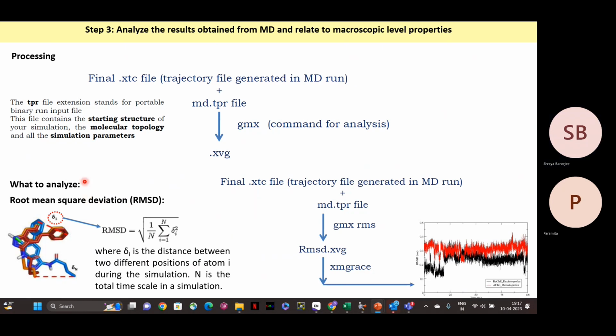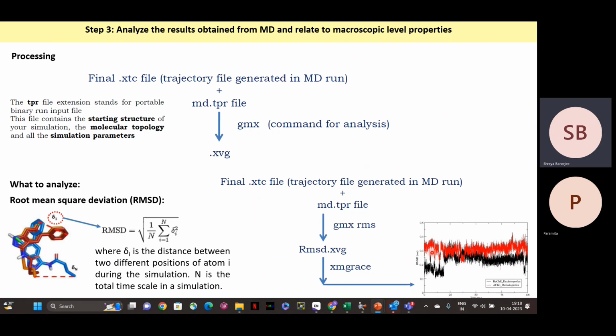The root mean square deviation can be calculated from the XTC file using the GMX RMS command to get a graph like this. Suppose you have two proteins, and in the y-axis the root mean square deviation is plotted, and in the x-axis, time is plotted.